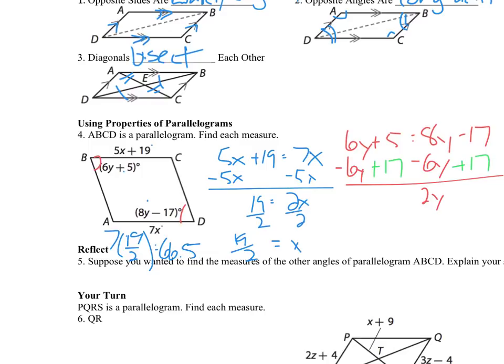And we get 22. Divide by 2. And y equals 11. Substitute back into one of those. All right, so substituting for 6y plus 5, so I get 6 times 11 plus 5, and 6 times 11 is 66, plus 5 is 71, so I get 71 degrees there, which makes this 71 degrees here.